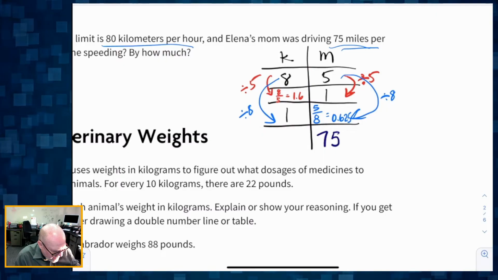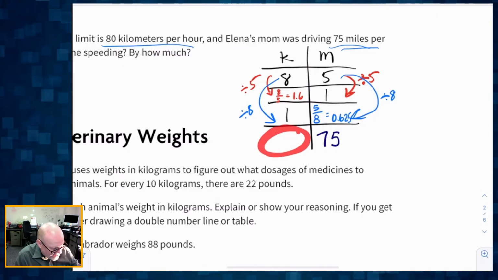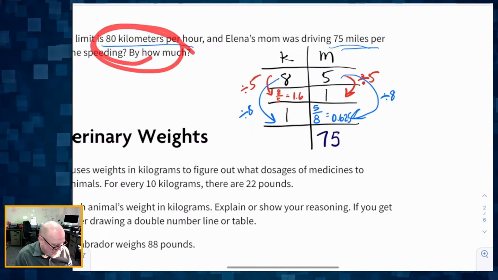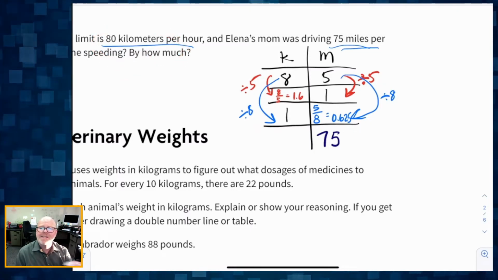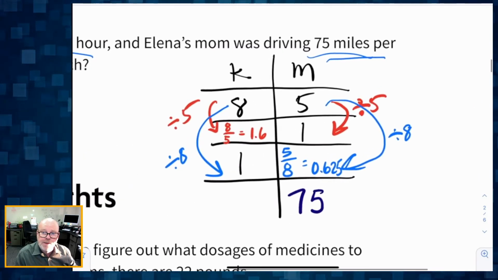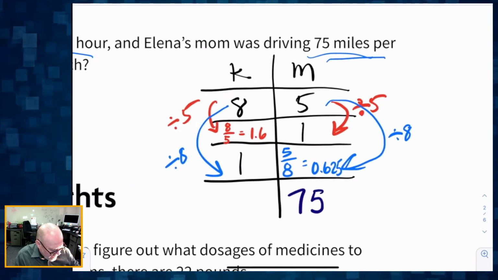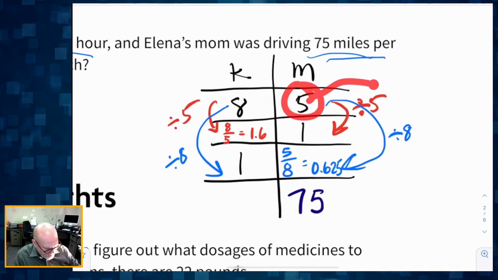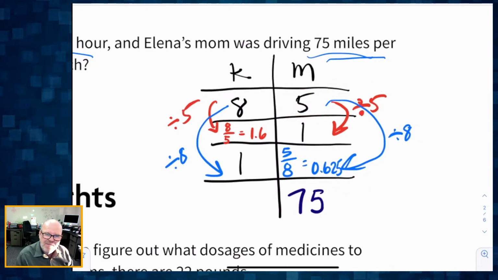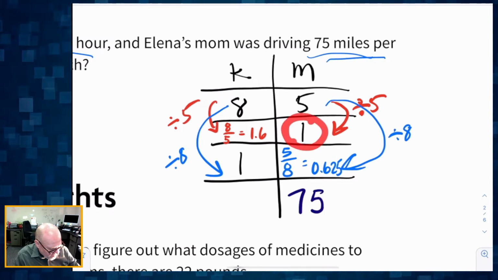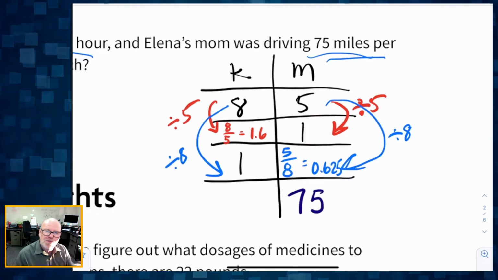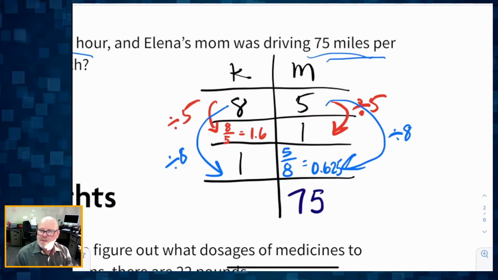What is that equal to in kilometers? Because she's not supposed to go over the 80 kilometers right here. So I can see a couple of ways we could scale this. I could take the 5 and multiply by something to get 75, which is kind of handy, or I could take the 1 and multiply by something to get to 75. So 2 different ways that we could scale.